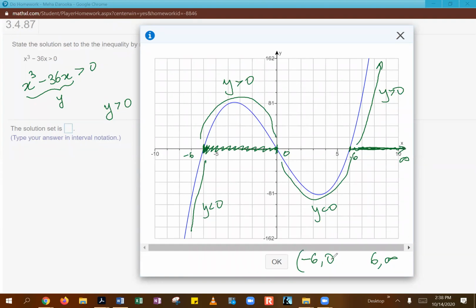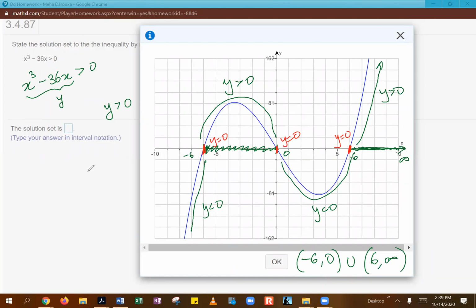That's why we are not including the -6, 0, and the 6 in our interval notation, because right here at -6, your y value is equal to 0. Right here at the point 0, 0, again, our y value is equal to 0. And same thing with +6. So that's why we do not want to include these endpoints.